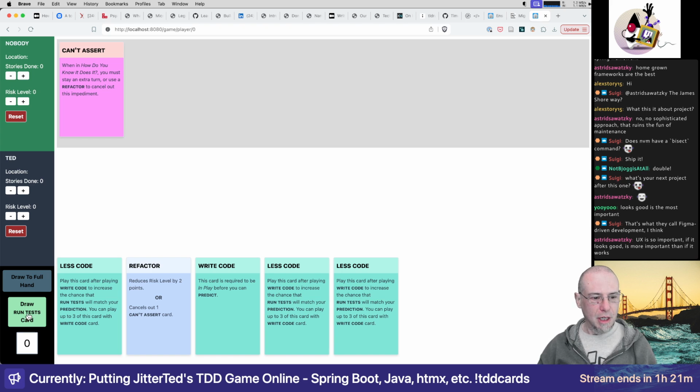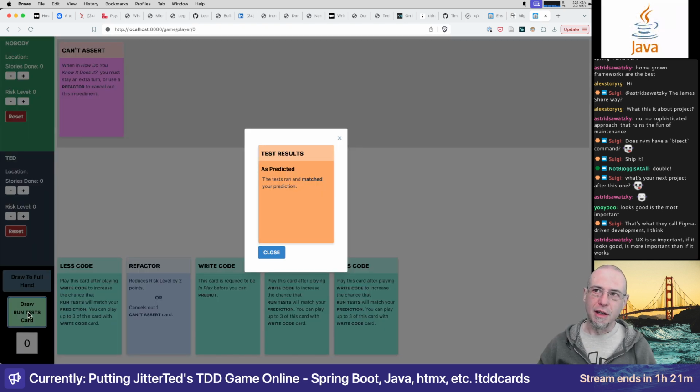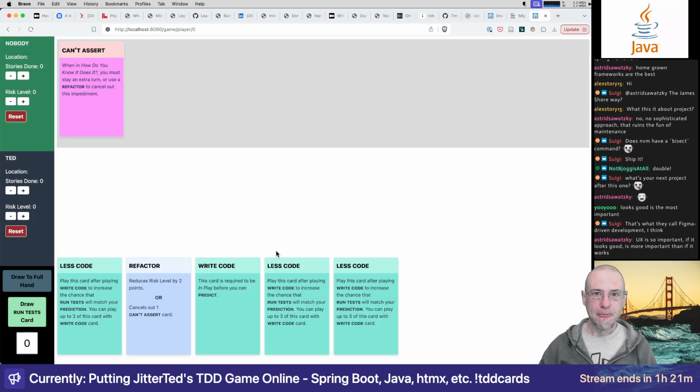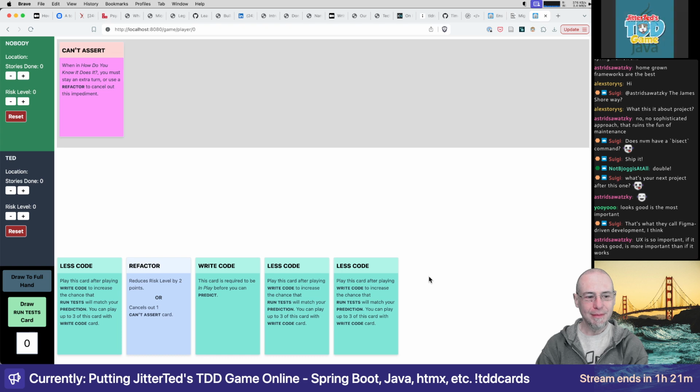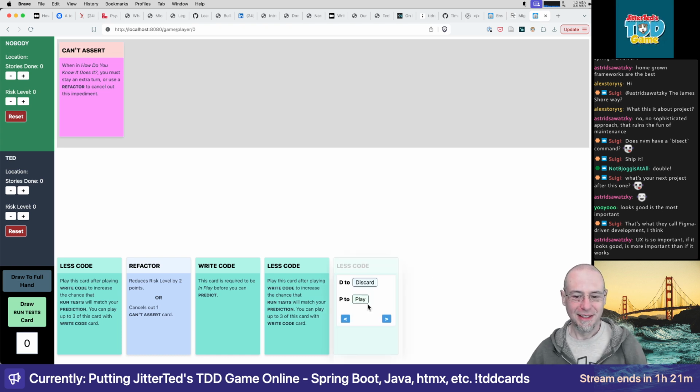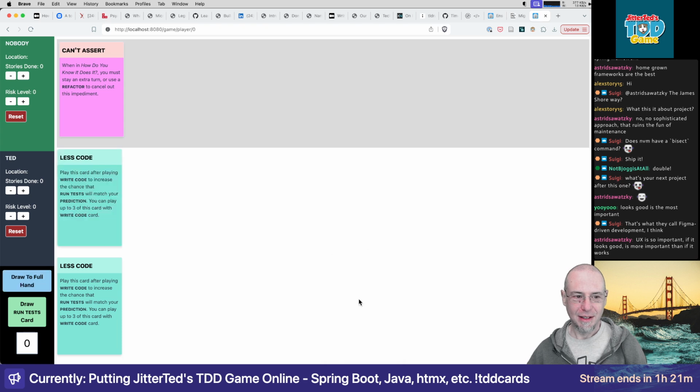So this is what the run test card does. So we can close that. Yes, Figma-driven development. Oh, well. Oh, I think, that's interesting. It looks like it actually did discard it.